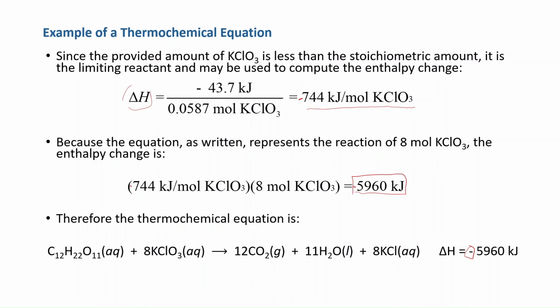One way to make sure that you don't forget steps, like people say, oh, I forgot to multiply times 8. If you keep up with the units, you have kilojoules. When you divide by mole, you have kilojoules per mole. But you're going to have to be in kilojoules. Oh, that's because I have to multiply times moles. When I multiply times moles, the moles and moles cancel out and I get kilojoules.